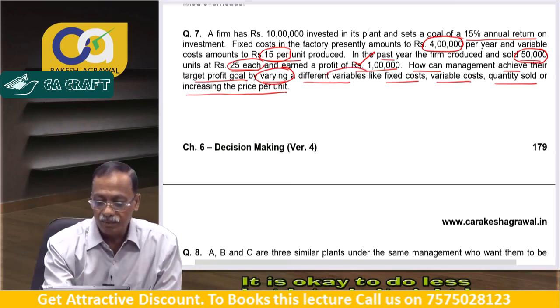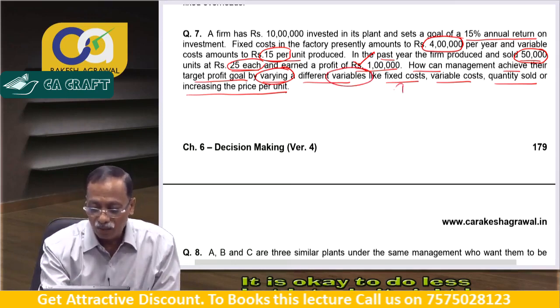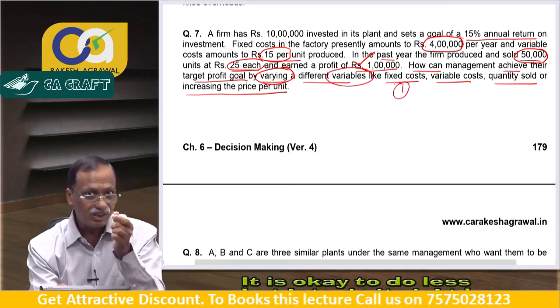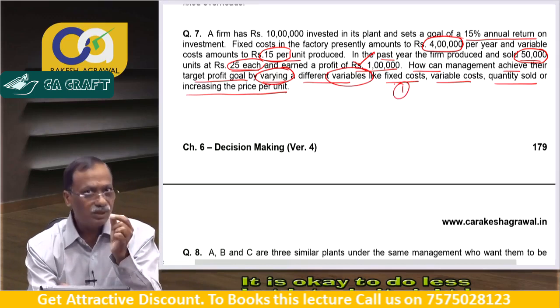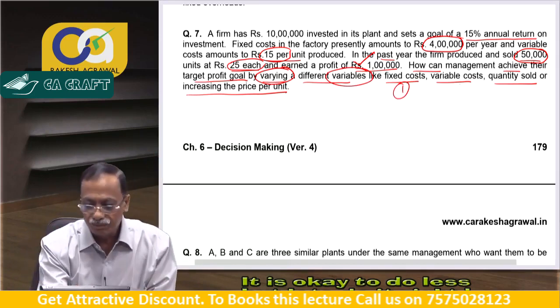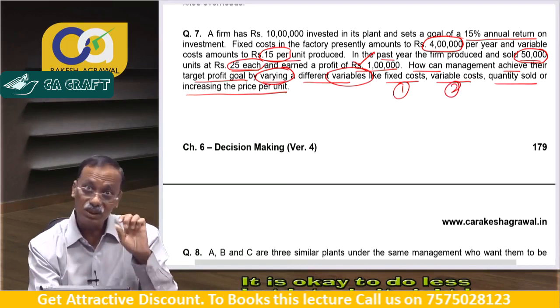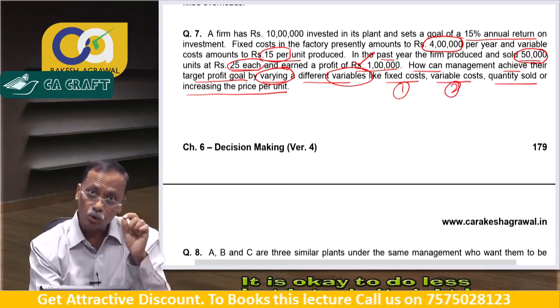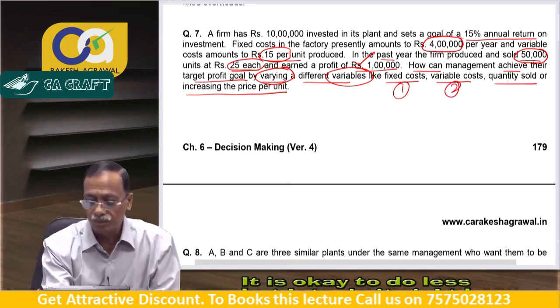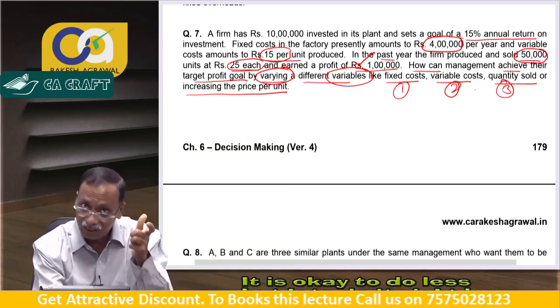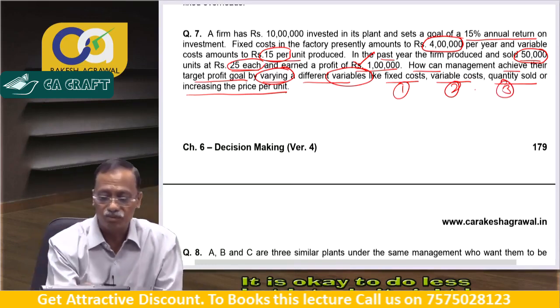Varying different variables means one, fixed cost. You have to make changes in fixed cost, so much change that you can achieve the target goal. Then you have to make another change in variable cost, so much change that you will achieve the target goal. Then change in quantity sold, by how much quantity sold should change so that I can achieve the target profit goal.